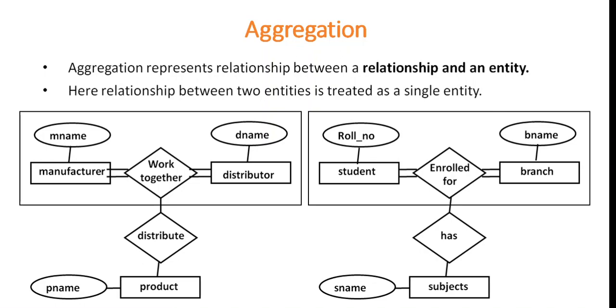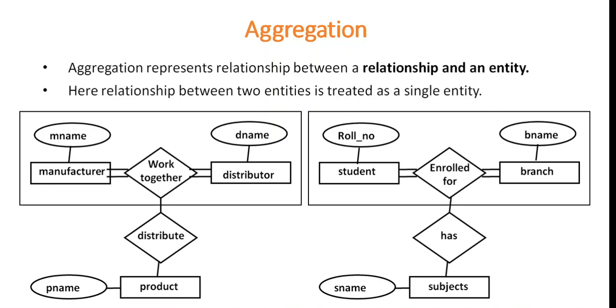Here manufacturer has its own attributes, distributor has its own attributes, and both share one relationship, that is work together. Then we have a third entity, that is product. Product has its own attributes, and this product is related to manufacturer, and product is also related to distributor. These two share one common relationship, and the manufacturer manufactures a product, and that product is distributed by a distributor. Meaning this product is related to both the entities.